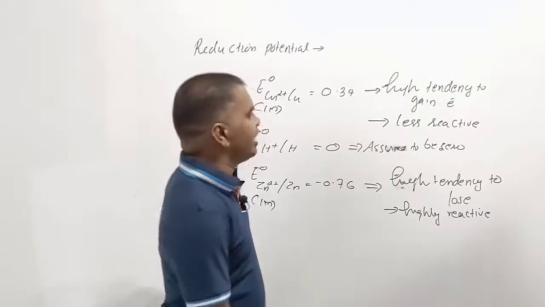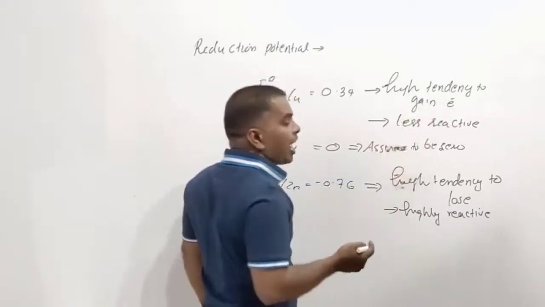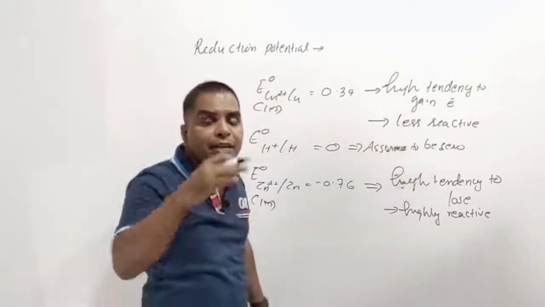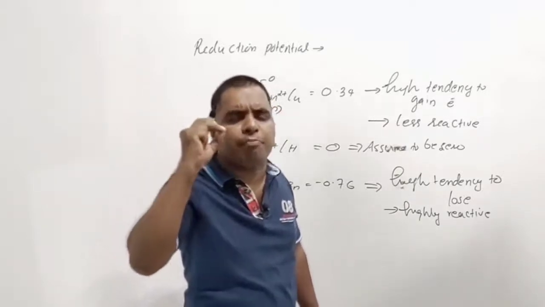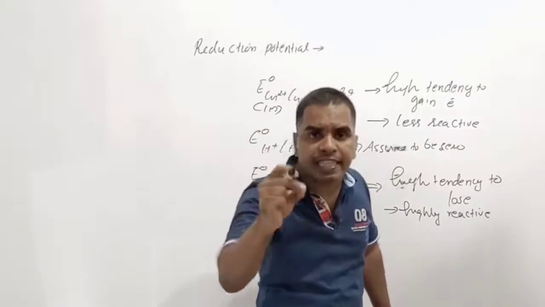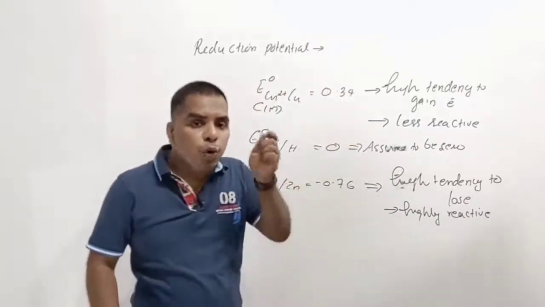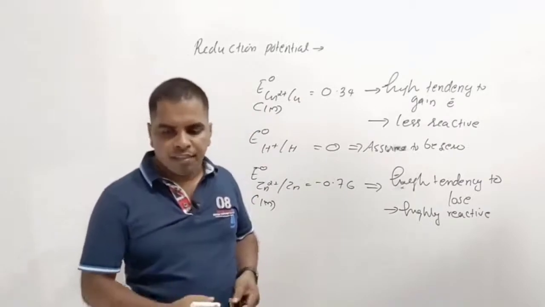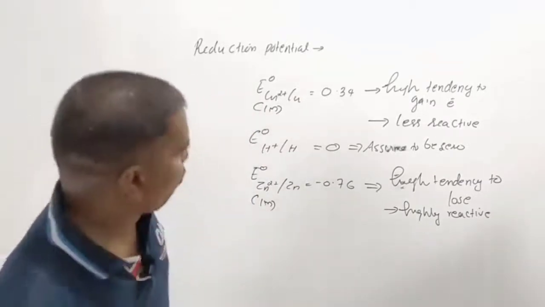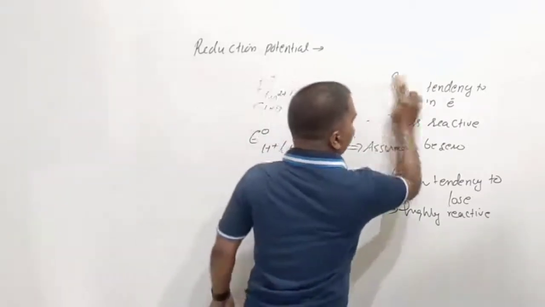Clear? That metal is less reactive. A metal with a high reduction potential value is less reactive, and a metal with a lower reduction potential value is highly reactive. Clear?